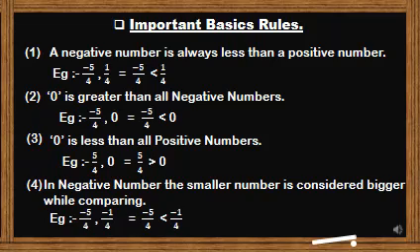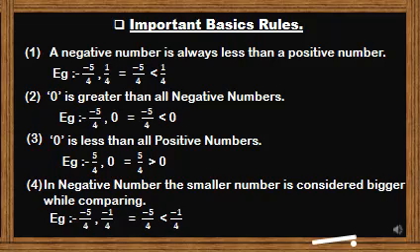First one, a negative number is always less than a positive number. Means positive number is bigger than negative number. Here we have taken one example: minus 5 upon 4, 1 upon 4.